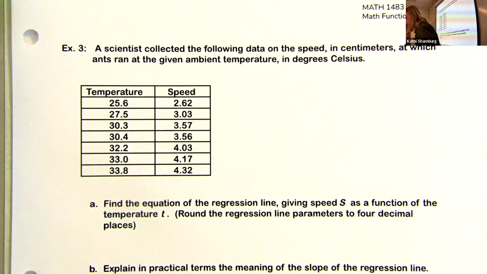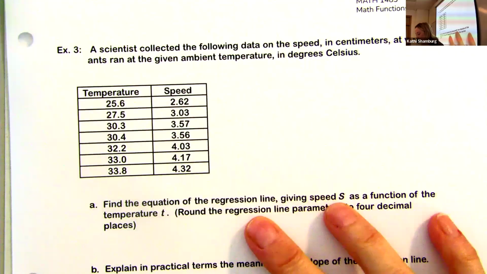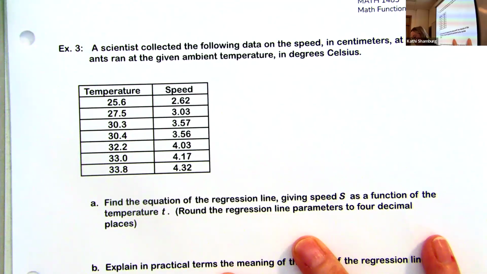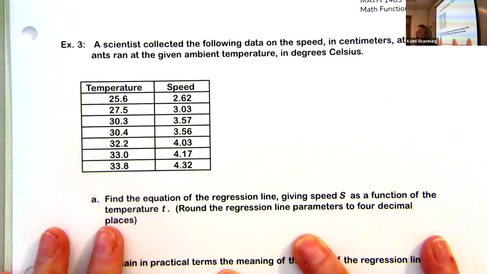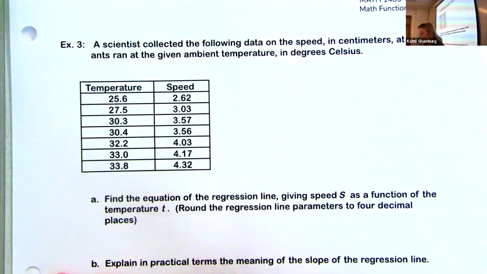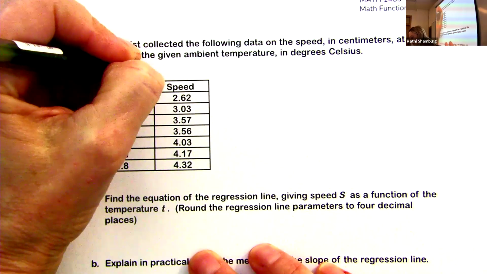All right, scientists collected the data on the speed in centimeters at which ants ran at the given ambient temperature in degrees Celsius. Okay, so all our tables up to this point have been horizontal. This is a vertical, but we should still be able to handle that.